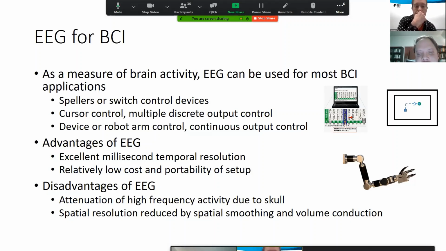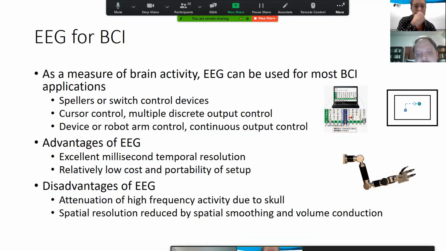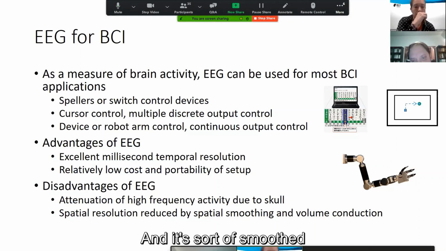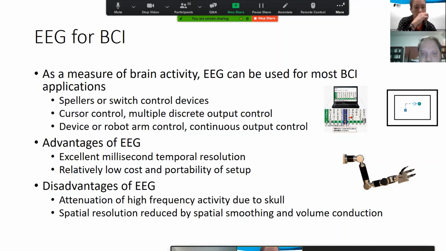So it has mostly lower frequency activity, and it's smoothed by traveling through all the layers and the skull.